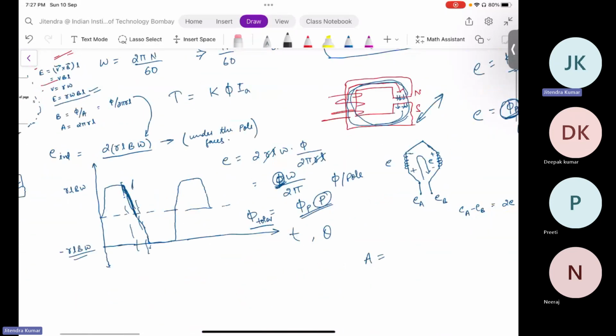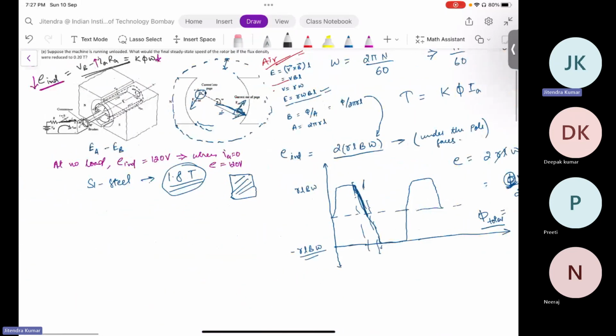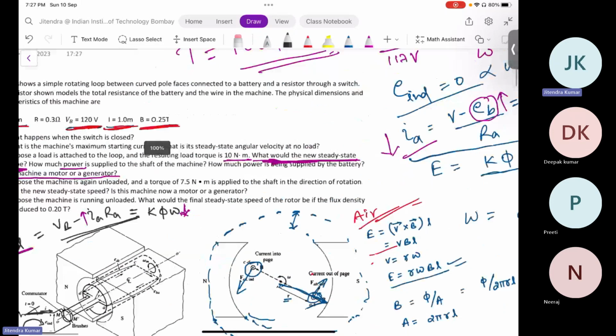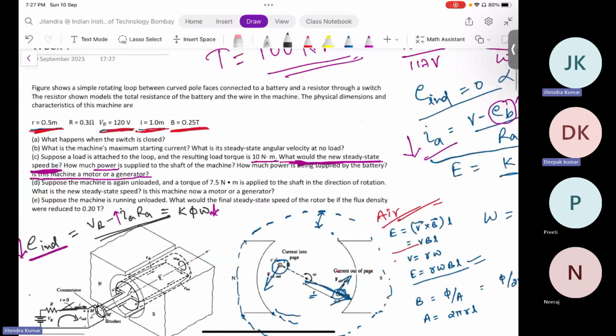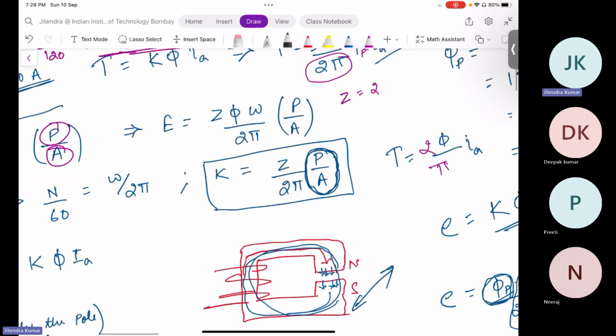So coming back to the next part of this part C, how much power is supplied to the shaft of the machine? How to calculate? You know the relationship between power and shaft torque. Torque T multiplied by omega.